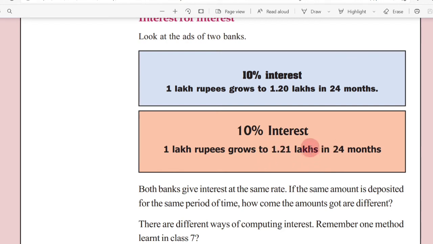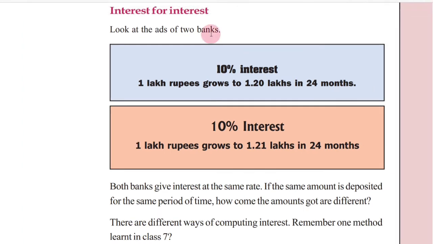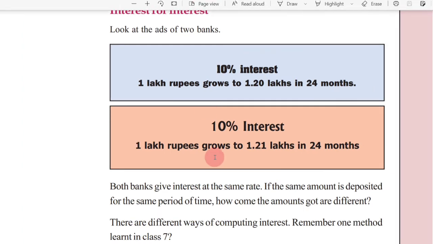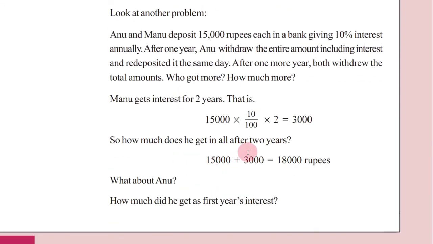That means in that bank interest is calculated every year, and we have to pay interest on interest. That is the difference between compound interest and simple interest. So compound interest means interest on interest.